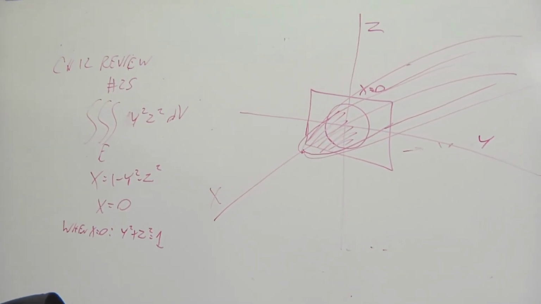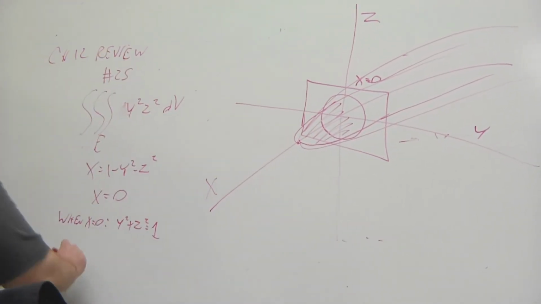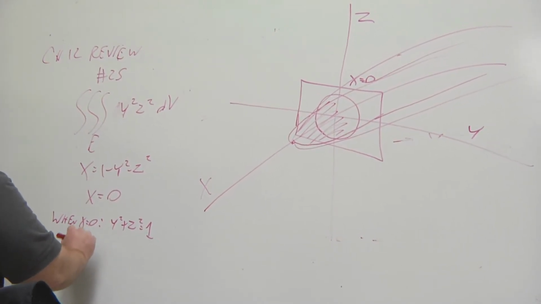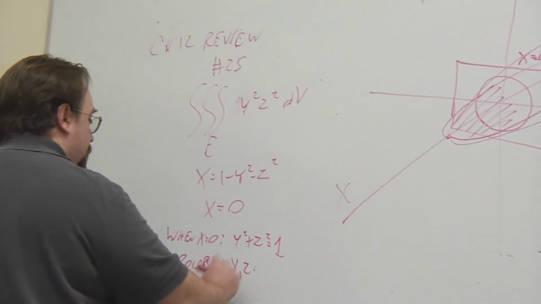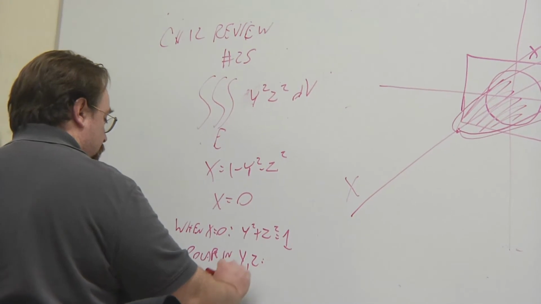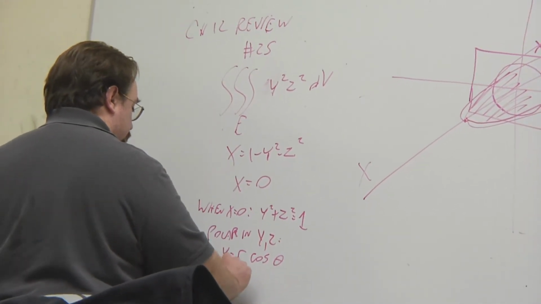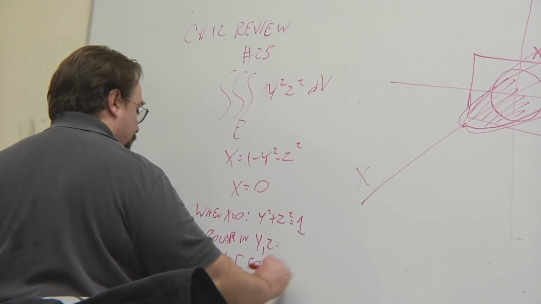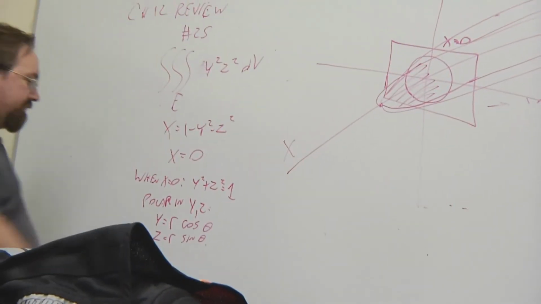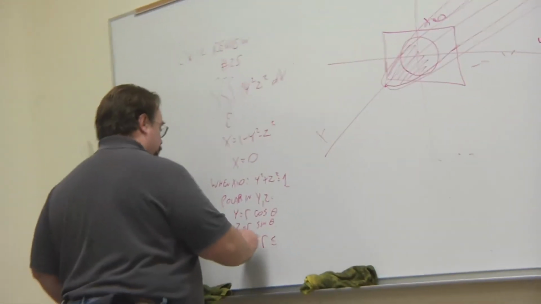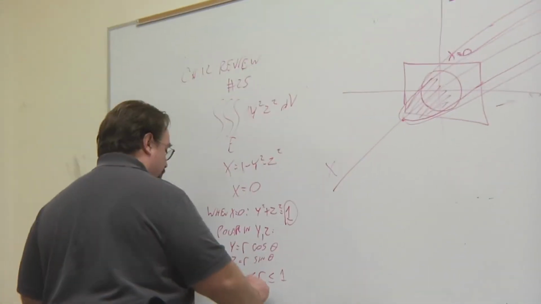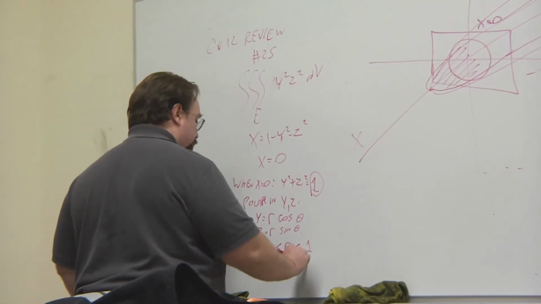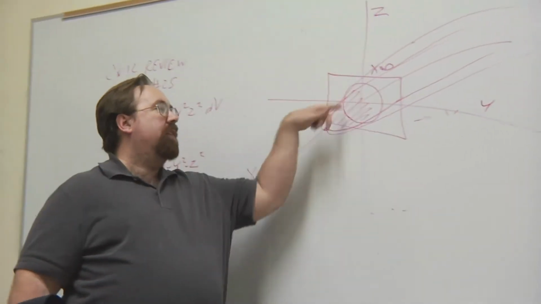So what we could do is polar in y and z, we could set y equal to r cosine theta, z equal to r sine theta, and then this is the unit disk right here. So we have r going from 0 to 1. That just comes from this. And then theta goes from 0 to 2 pi. That's because we're going all the way around. There are no restrictions on this paraboloid.